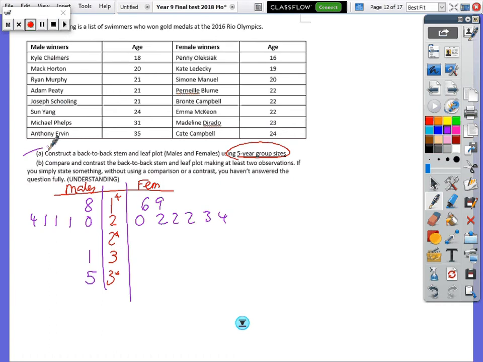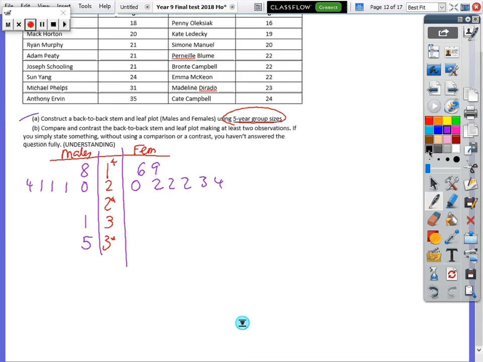And compare and contrast, you had to do various statements. So you could have had any of these following. I'll just give you the stats. The range for males was 17. So you could have said that the range for males was bigger than the range for females. You can't just simply state, you had to make a comparison.